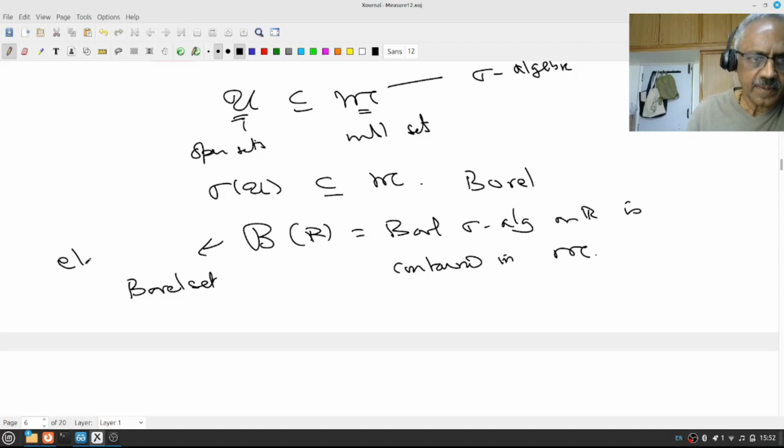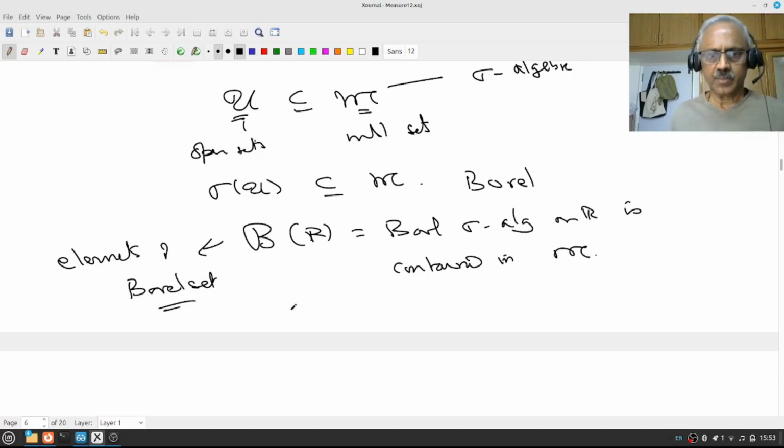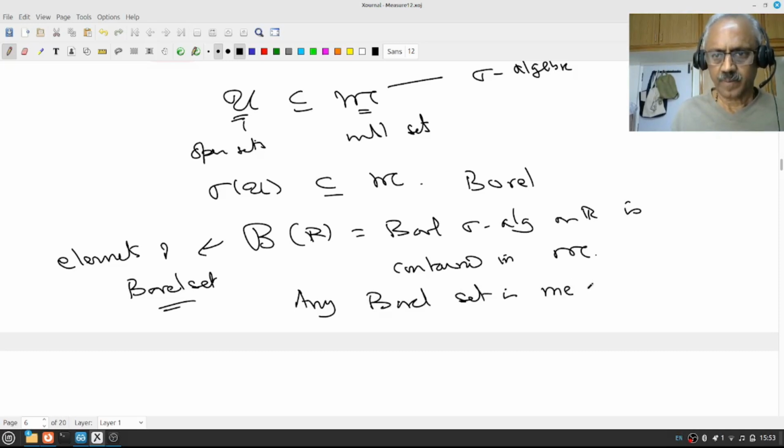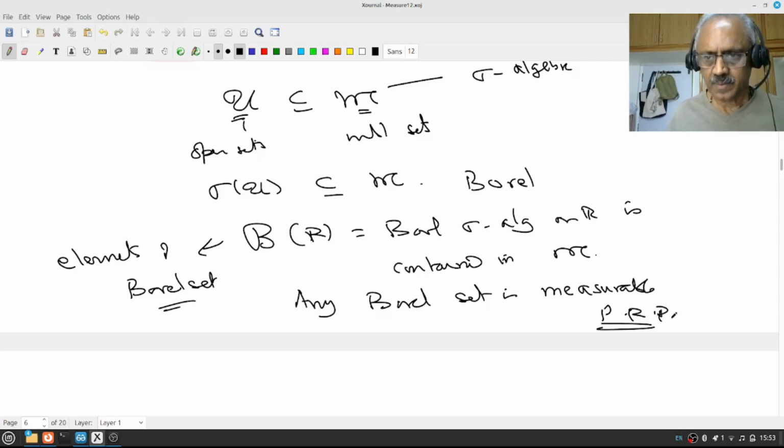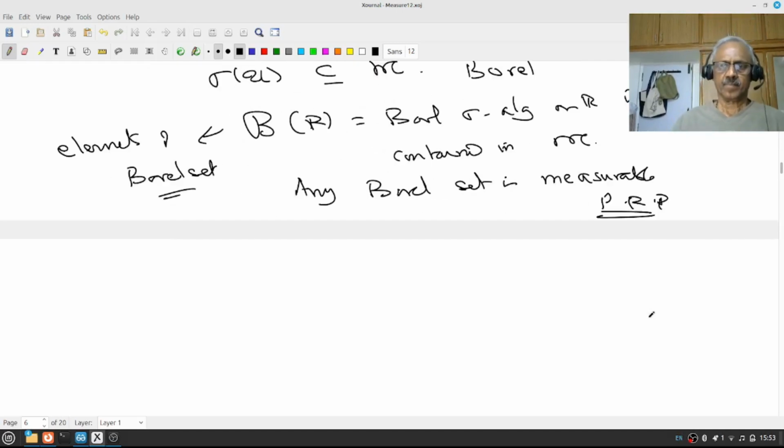Therefore, any Borel set is measurable. So, pause, review, proceed. You see that? Very simple.